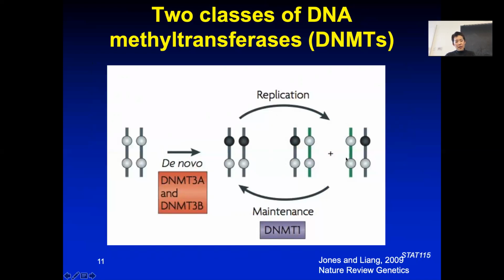But there are also enzymes that maintain the DNA methylation when the cell replicates itself. This creates inheritance of DNA methylation from one cell to the next. As we mentioned, if you have a heart muscle cell, when it divides, the next cell will also be heart muscle. How does the cell remember this? It's partly because of this maintenance DNA methylation enzyme.